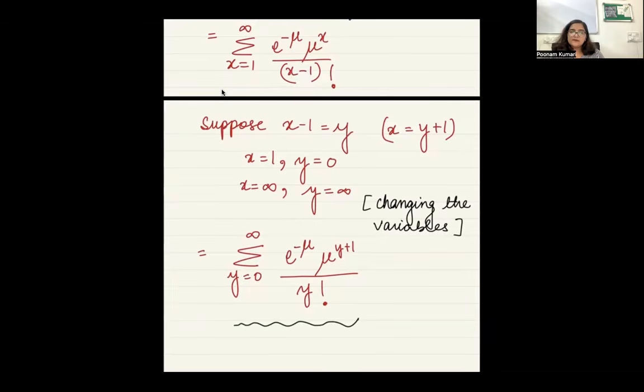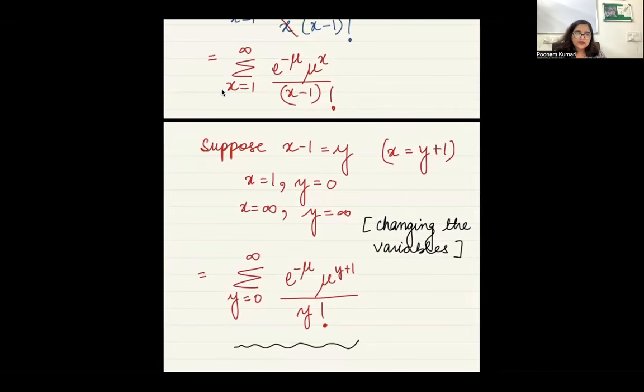Ma'am, it should have been y plus 1 equals to 0, right? Here, under that sigma, I didn't get that. Yeah, so we are starting from x value 1. Whenever x value is 1, we have y value should be 0, right?